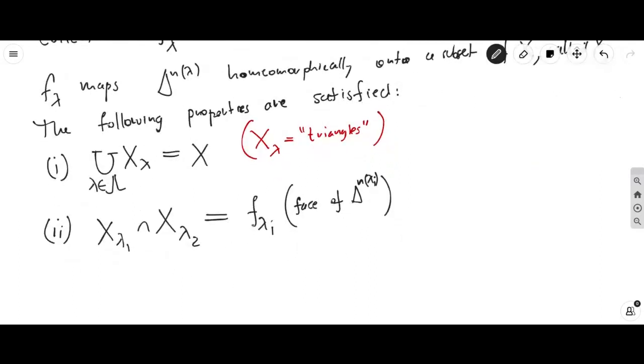If you recall with graphs, the condition was it was the embedding map evaluated at 0 or 1. Because when you're dealing with graphs, you're mapping the unit interval and it's one of the two endpoints. But more generally, when you're working with a simplex, it's going to be a face. When we're saying a face, it does not have to be a proper face. So notice that, let's say, these two triangles do not intersect.